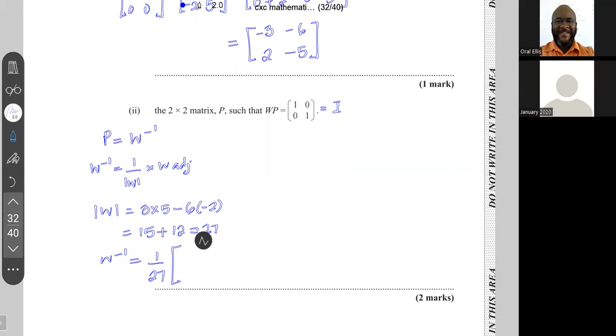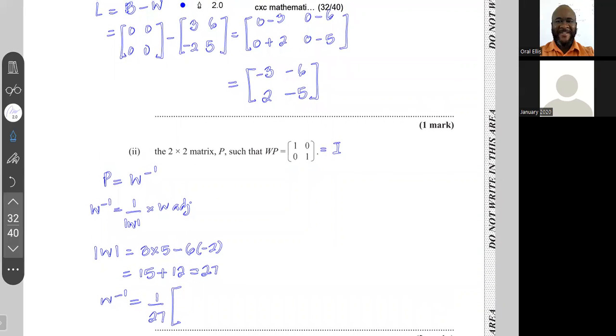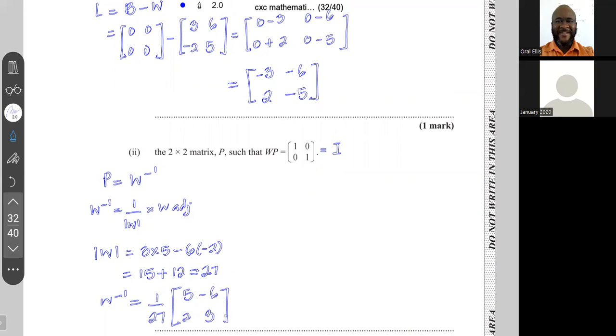For W adjoint, you're going to switch the leading diagonal elements. You're going to switch around the 3 and the 5. So 5 goes up here, the 3 goes down here. The 6 and the minus 2 stay where they are, but their signs change, to minus 6 here and positive 2. So P, which is W inverse, is equal to 5 over 27, minus 6 over 27, 2 over 27, 3 over 27.